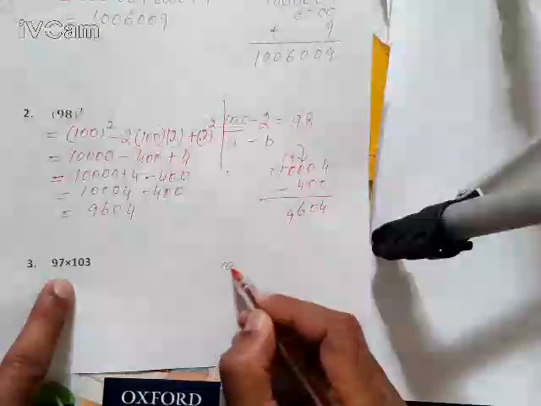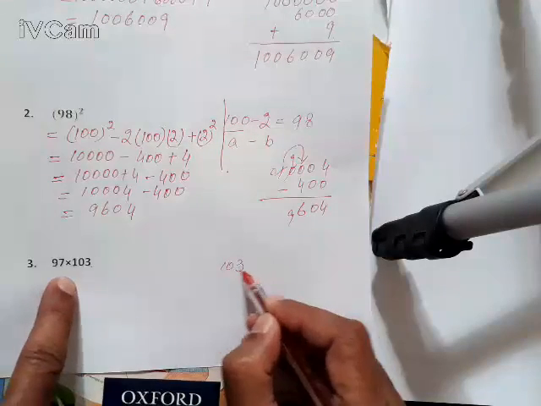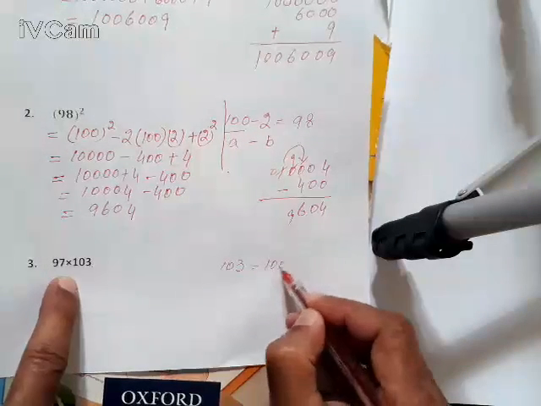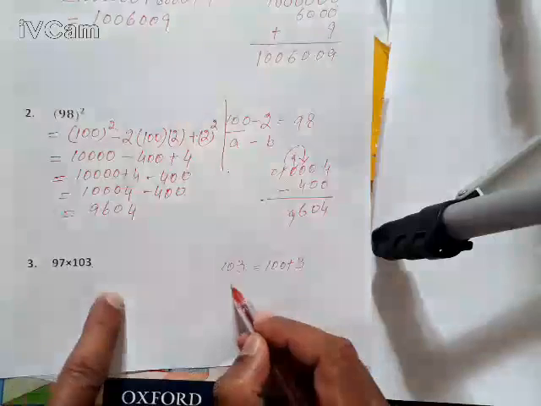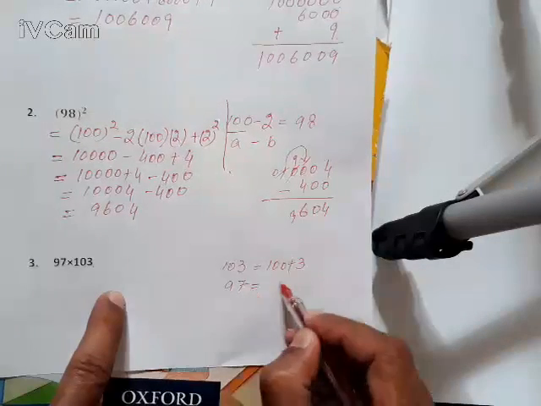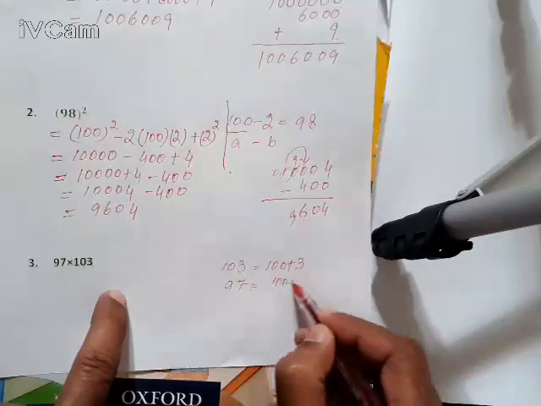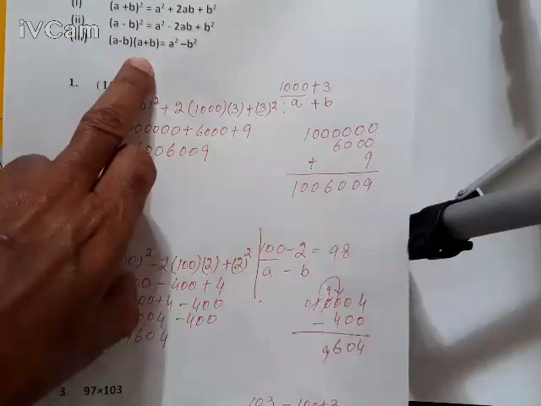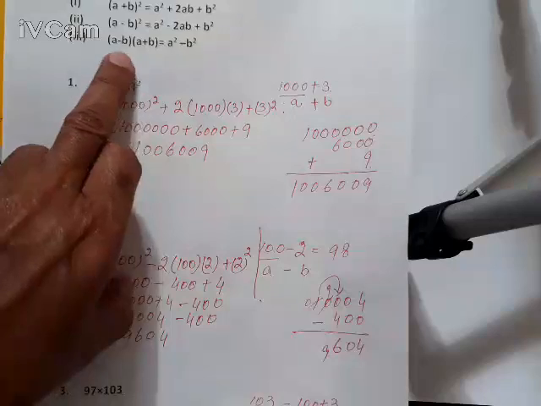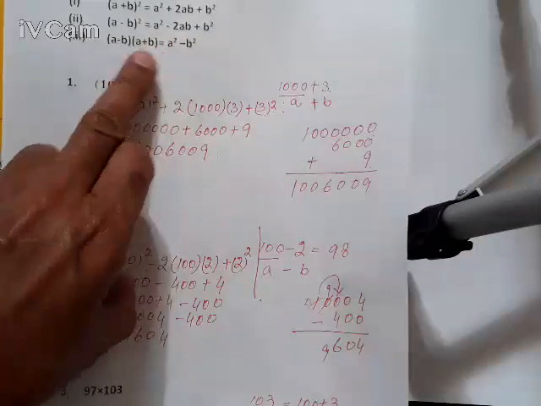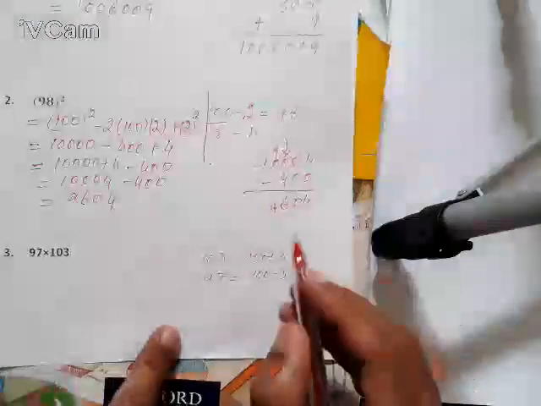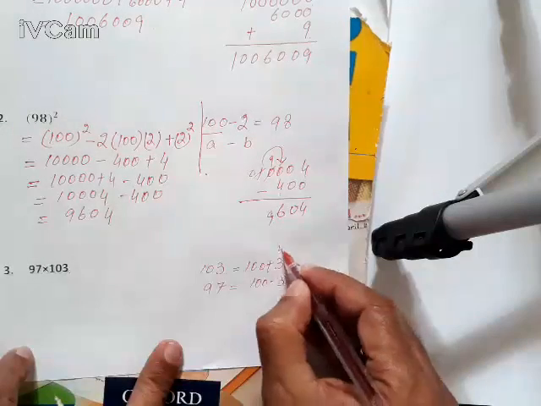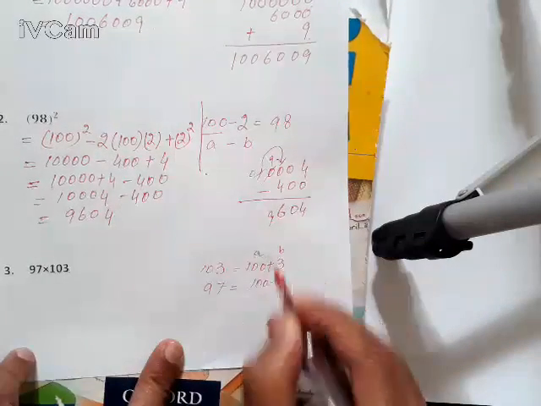So it's 103. So when we split this one, it will be 100 plus 3. So 97, automatically the other value will be 100 minus 3, because we are applying this identity, so we will choose one value plus, another value negative, but both b's are same, both a's are same. So here both b are 3 and both a's are 100.